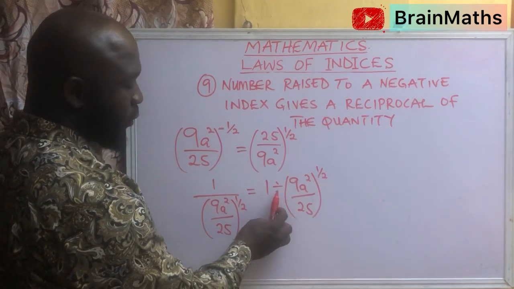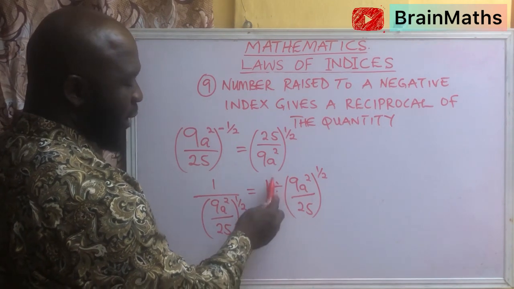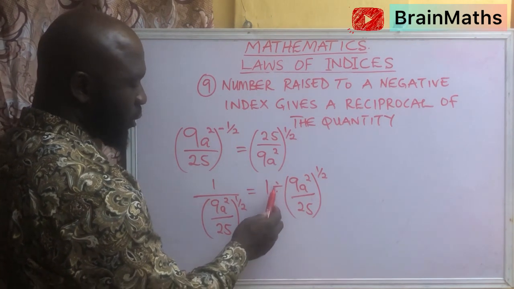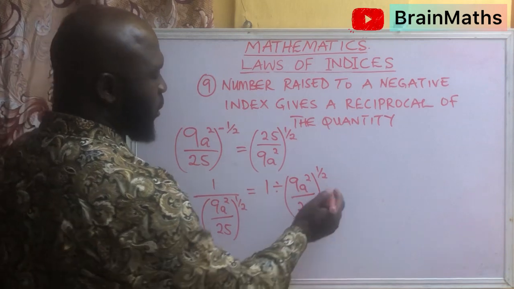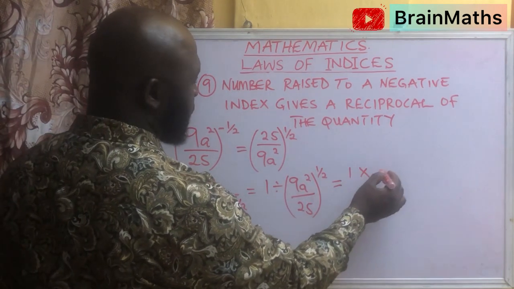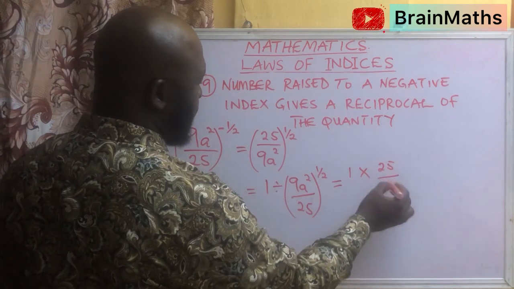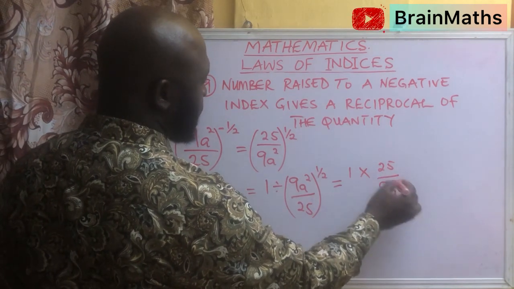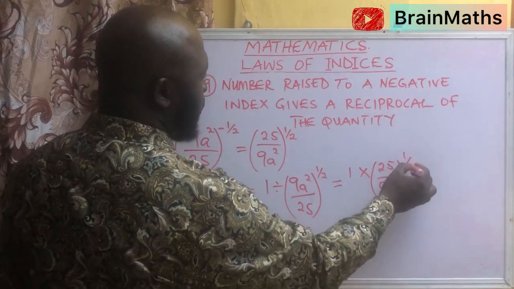And don't forget that whenever we have division, if we are changing the division to multiplication, then the numerator and the denominator have to change position. So we are going to be having 1 times 25 over 9a squared raised to power 1 over 2.